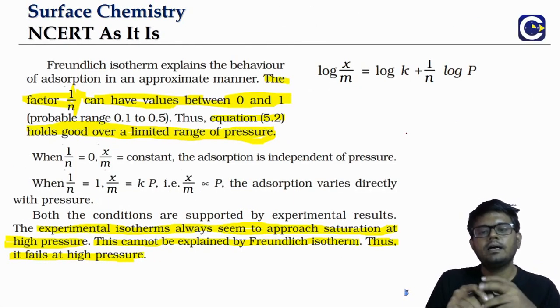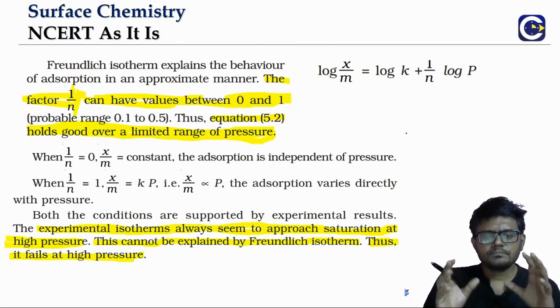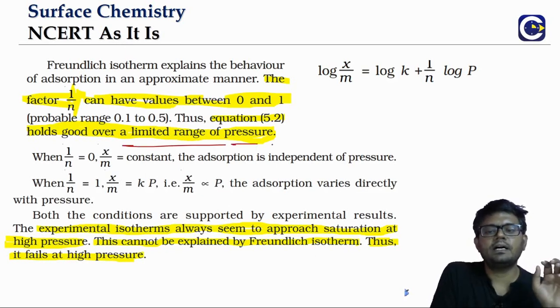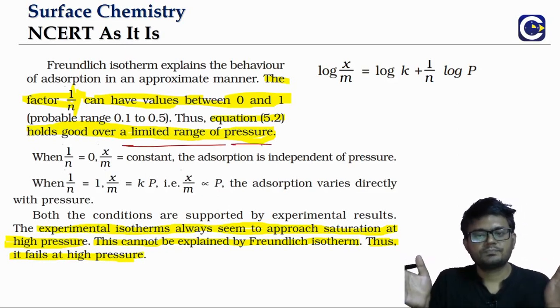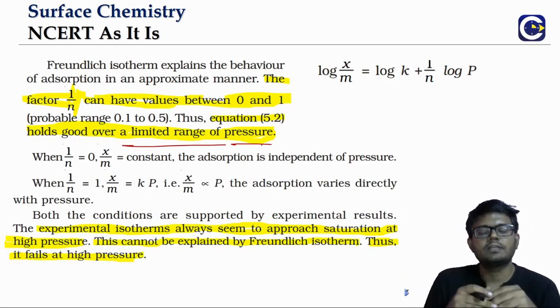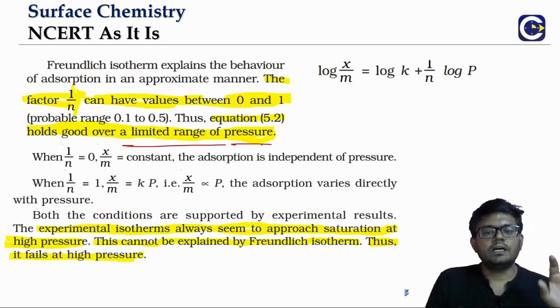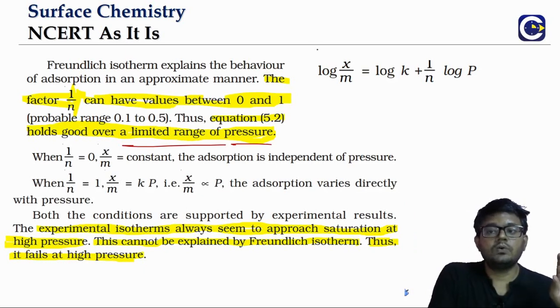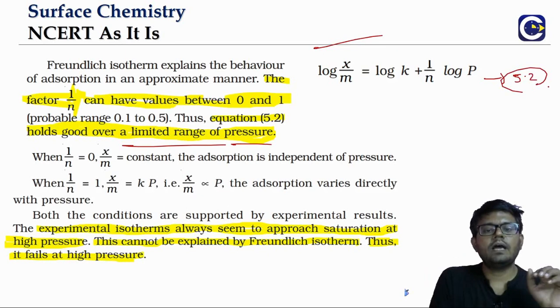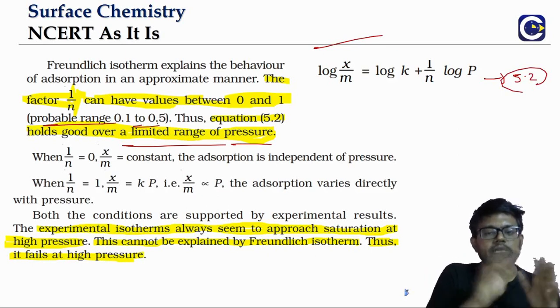Now when you look at the practical validity of the Freundlich isotherm, it is observed that for a limited range of pressure, not at extremely high pressure but for the limited normal range of pressure, the adsorption isotherm equation, equation 5.2, was holding true with the values of 1 by n.